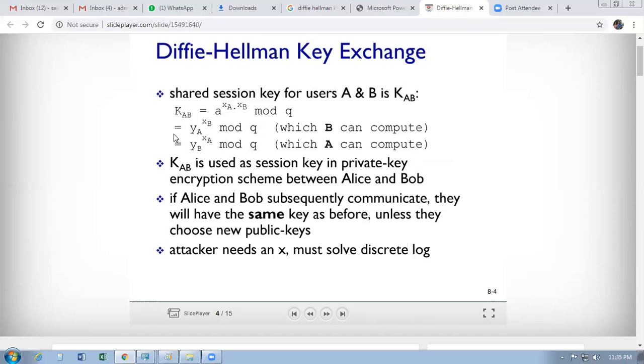B calculates the session key KAB using the formula YA power XB modulus q. User A can calculate his own session key using the formula YB power XA modulus q. Both keys must be equal. B's session key and A's session key are equal. So this is the session key, and it can be used for further encryption.